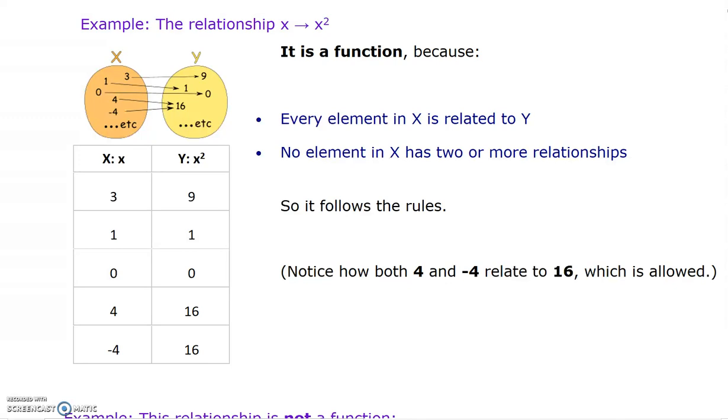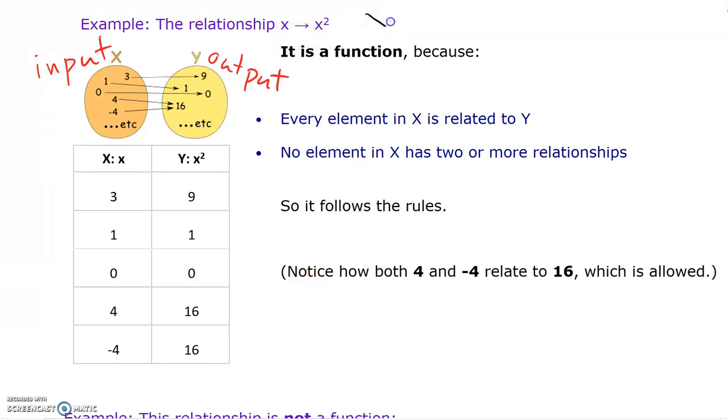Okay, moving on. The example we're going to use is this chart right here. I call it a function chart. And what it's going to do is show us the x values. These are going to be the inputs. That's what we just talked about. The x value is the input, and the y value is the output. So we're going to look at the relationship between x and x squared. Really, what does this mean?